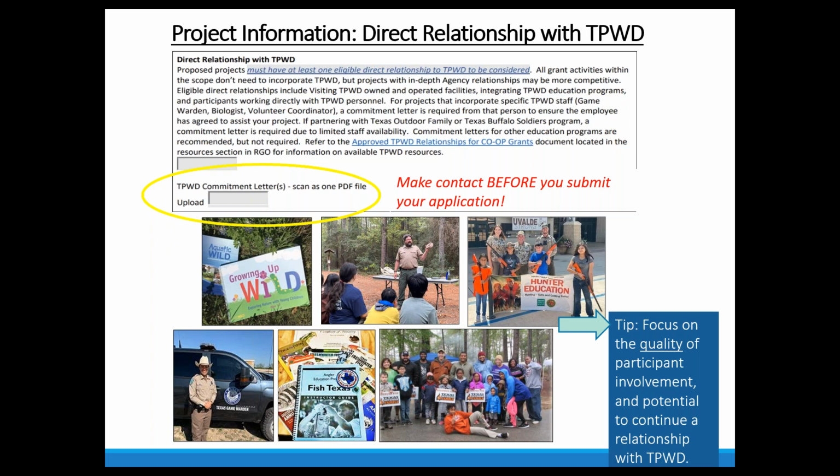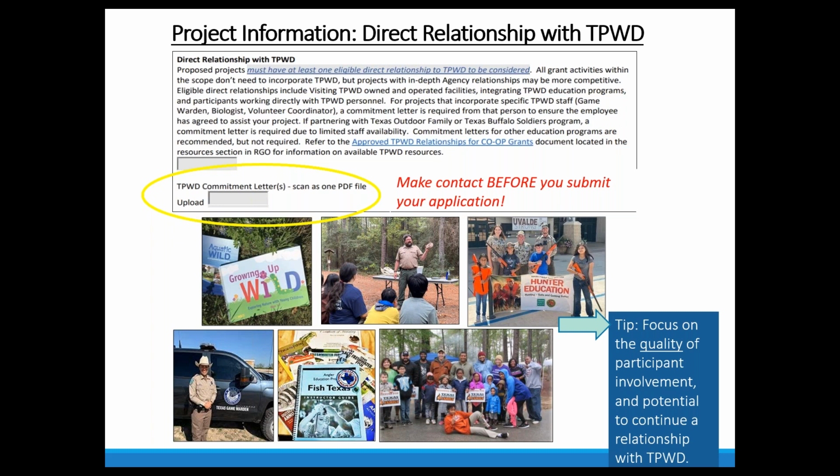It is required if you're working directly with TPWD staff. That way they have an idea of what your expectation is. And then if you receive the grant, you would reach out to them to actually schedule that visit or program.